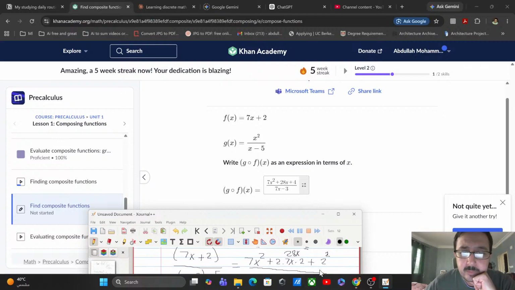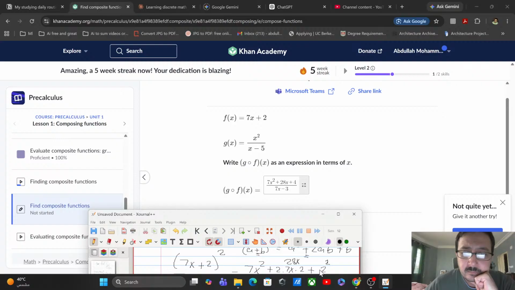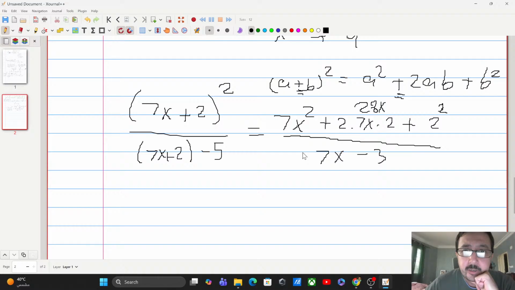What seems to be the problem here? 7x squared plus 28x plus 4 over 7x minus 3. I don't get the problem here.